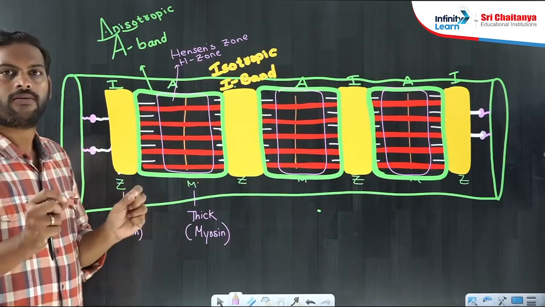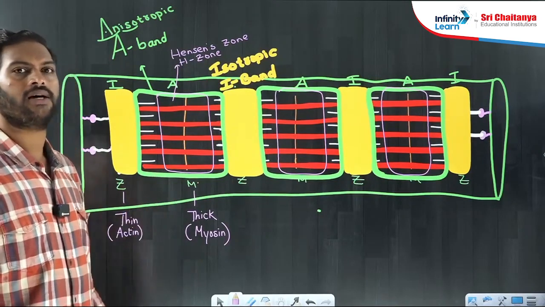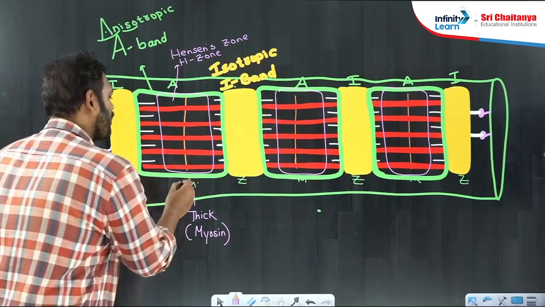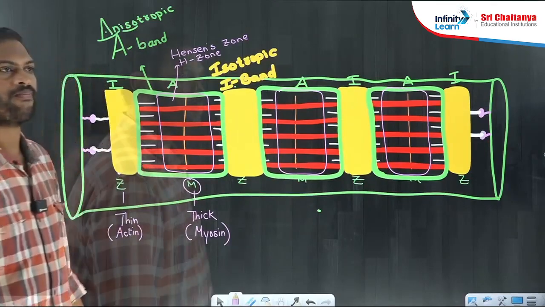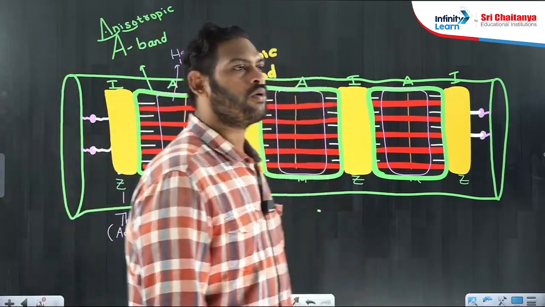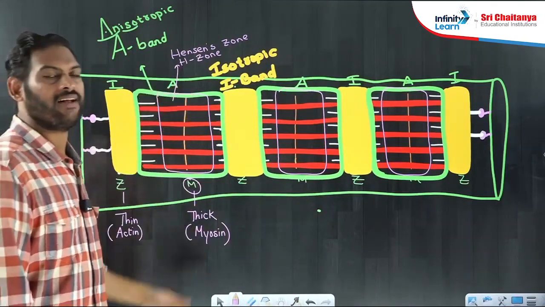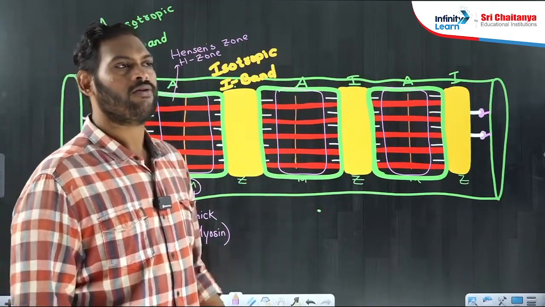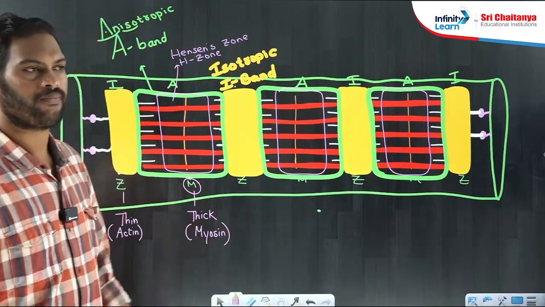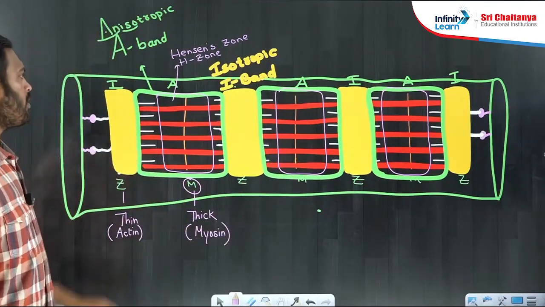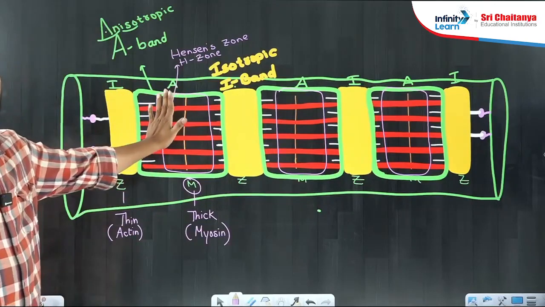And which line was at the center of the H zone? M line, obviously. Once you understand structural details, it will be easy for you to go for physiological details. Okay. Now I band, A band.